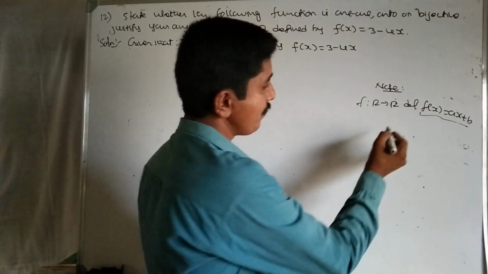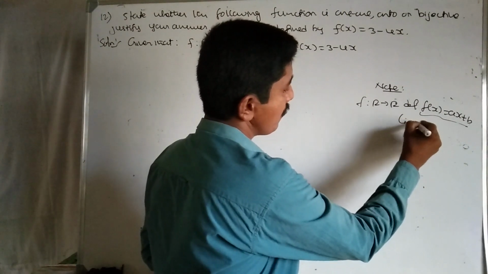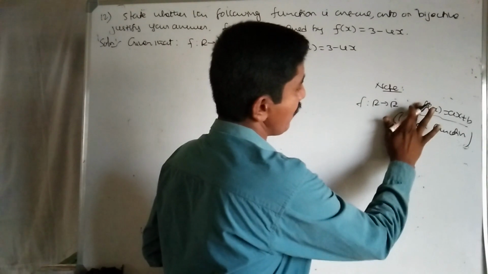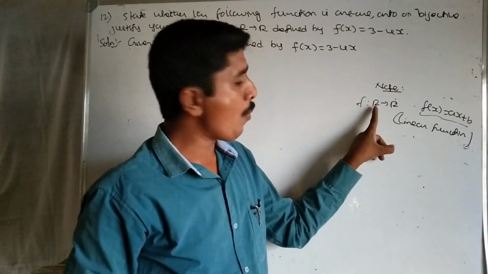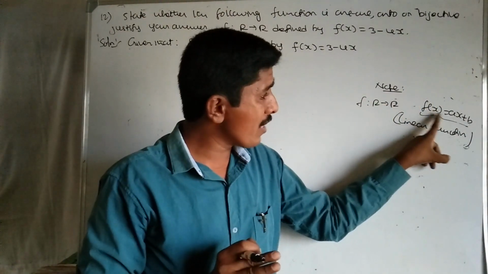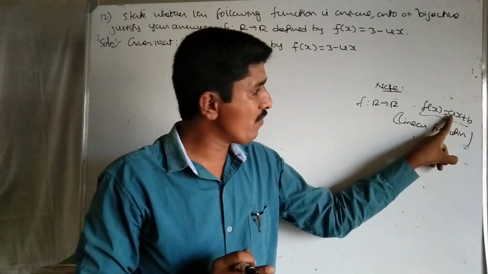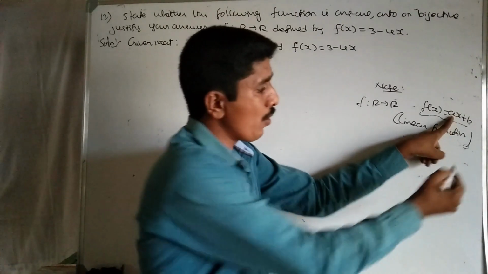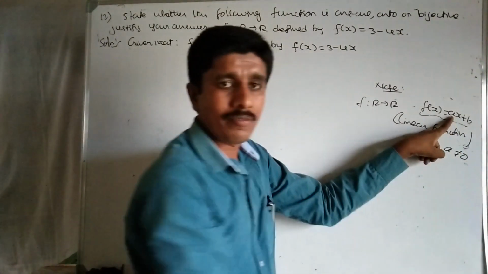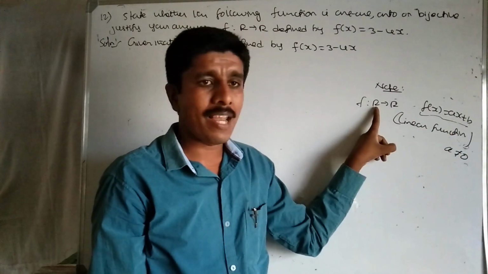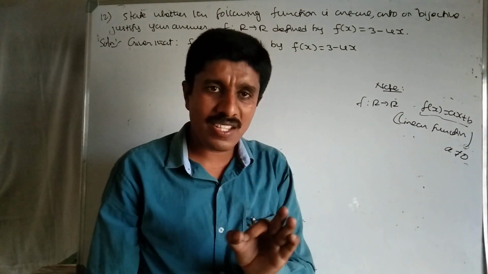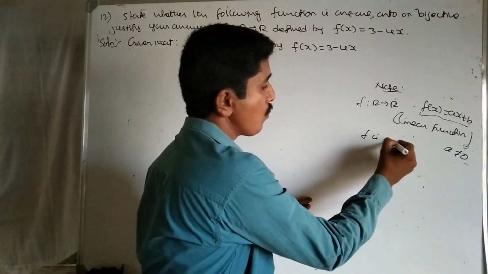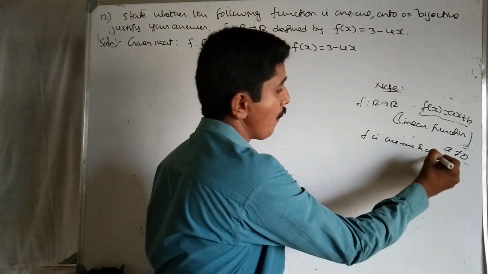The domain is real numbers, the function is a linear function of the form f of x equal to ax plus b, where the x coefficient a is not equal to 0. Understood? When the domain is real numbers, clearly such a function is both 1-1 and onto.